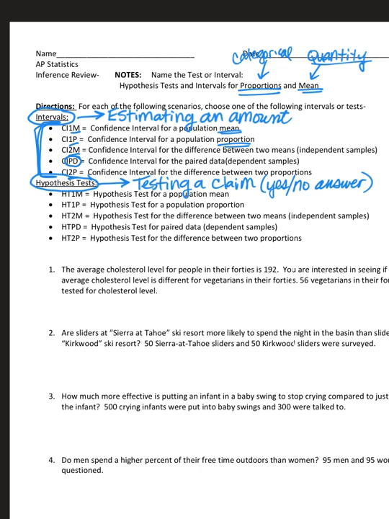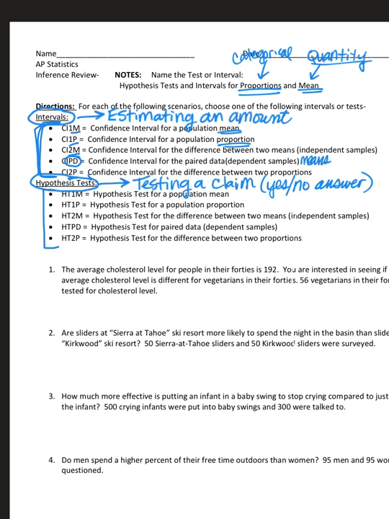Paired data, FYI, can only happen with means, because you have one subject who had one measurement first and then another measurement second, or twins that had two separate measurements, not one subject doing something or not doing something.